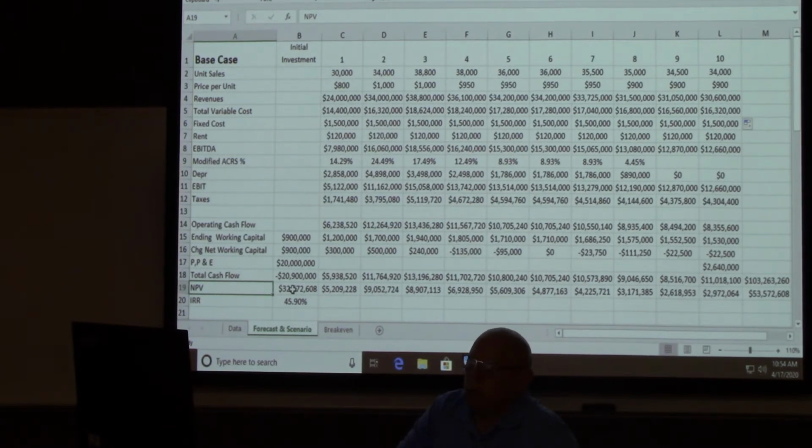So we don't want to double count it. Therefore, the $400,000 is ignored as a cash flow. You never use dividends or interest when you're computing your cash flows.